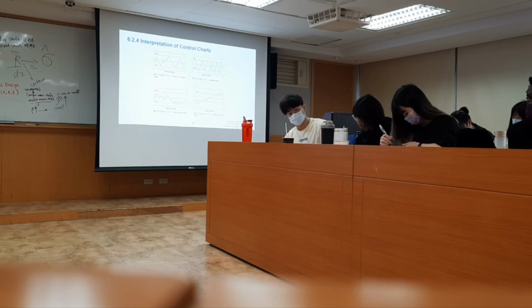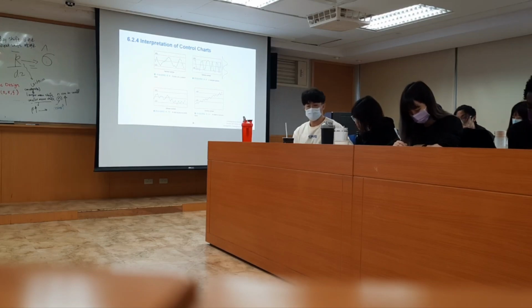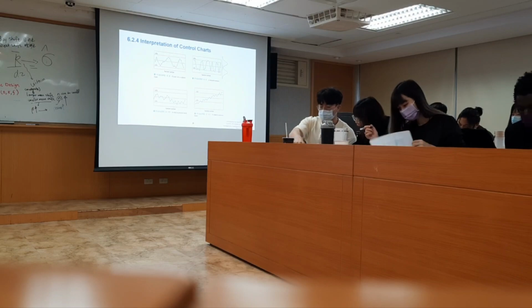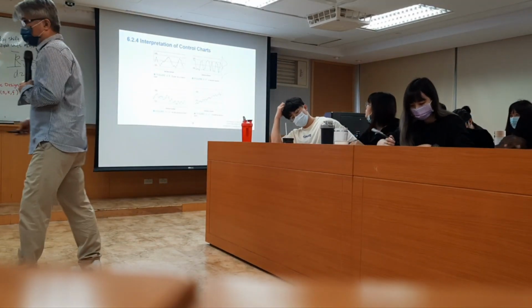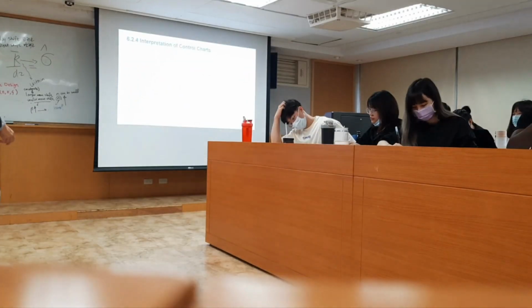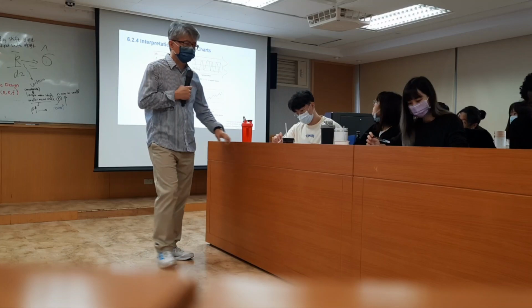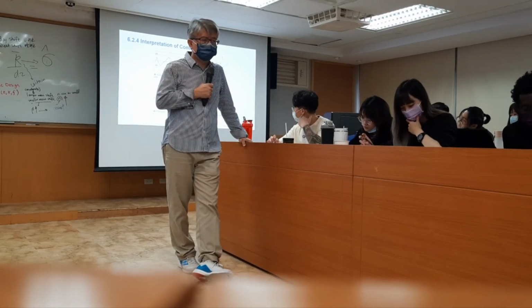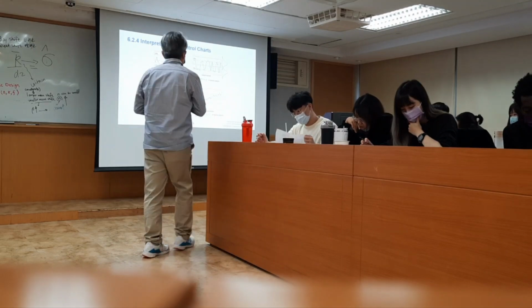Second, the mixture. Look at page 236, figure 6.9. When you look at this, you might be skeptical: is it possible a mixture of two different populations? It might be. Like this.